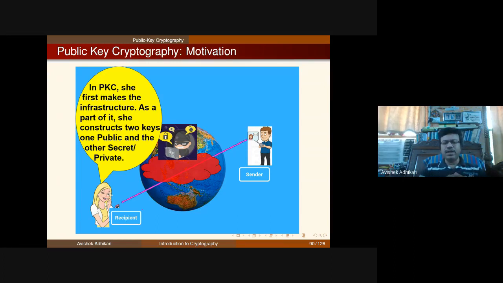That's why if somebody sends a controversial email from my email ID to somebody, the first thing that will happen is that the police will arrest me first, or some inquiry will happen against me, because it is not supposed that my email's password is known to others.